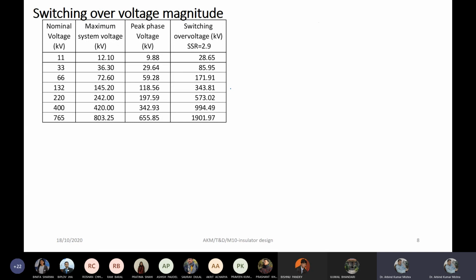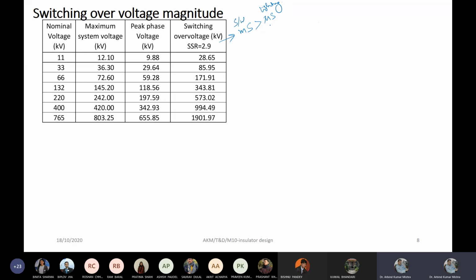Lightning occurs in the order of microseconds, whereas switching overvoltage, as you have just seen in the simulation, lasts in the order of milliseconds. Obviously a millisecond is greater than a microsecond. So this is for lightning, and this is for switching.